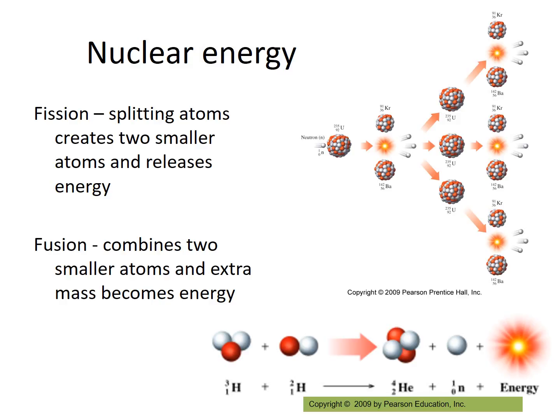One is called fission, and that's where you split atoms like uranium-235 into 2 smaller isotopes, like krypton-91 and barium-142. This is accomplished by hitting the nucleus with a neutron.